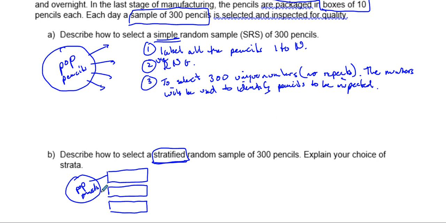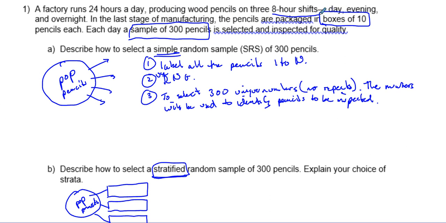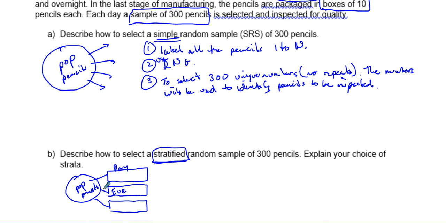So we want to make sure we eliminate getting a large number of one quantity versus another. That would be, for example, I'm guessing the shifts. There are pencils made during the day, during the evening, and pencils being made in the night.